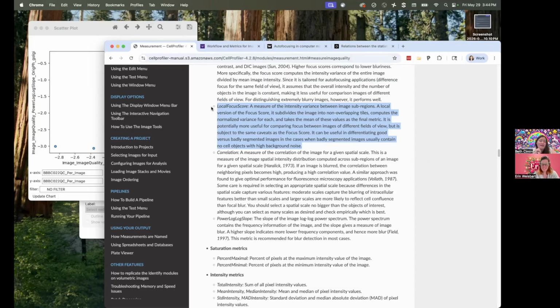It could be that it's changing the height of your cell, which makes it seem more out of focus even though it is in focus. There are a lot of things this could be, and a lot of ways you can use this data. It can just be a little hard to interpret.